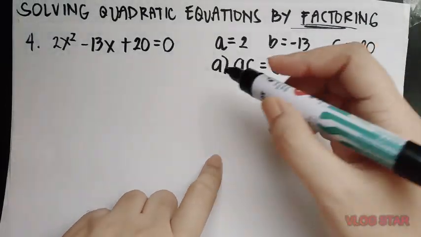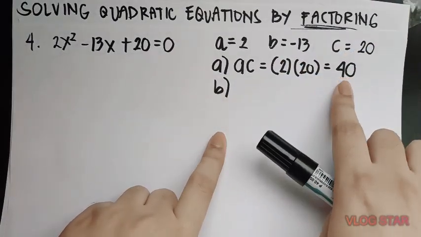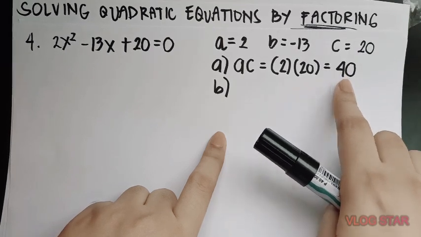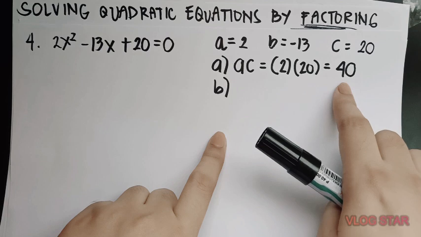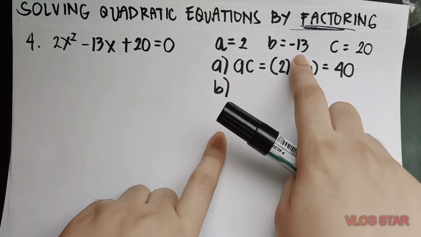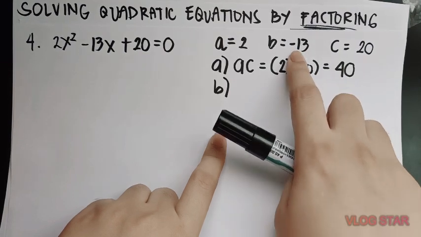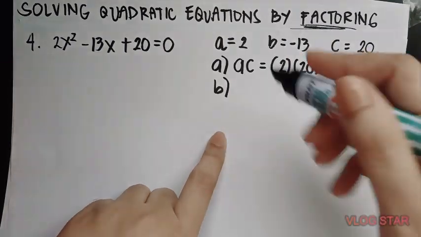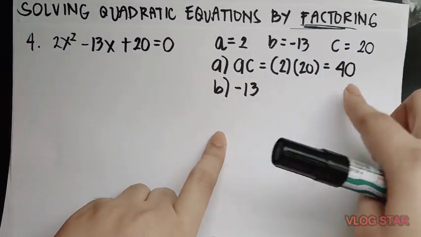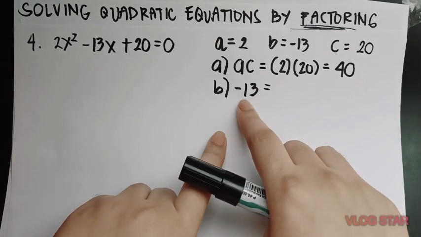Okay, second step, after we get the value of a times c, we have to get its factors, where the factors should be equal to negative 13 when we add them. So what are the factors of 40 that when we add will give us negative 13? Actually, we have lots of factors for 40, but take note, b is negative 13.